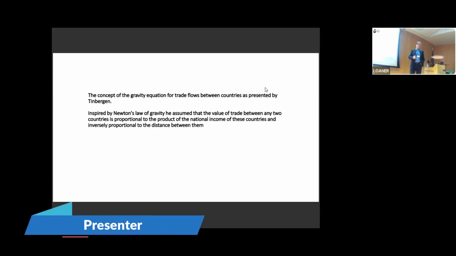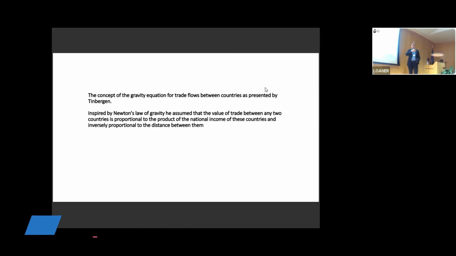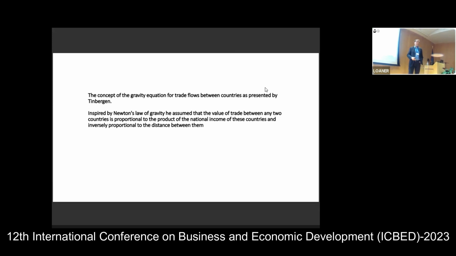I have examined all European countries and also the major trade partners of Russia and Ukraine, and I could conclude that according to the gravity model, size matters. When we talk about population or GDP, size matters: countries with higher population trade more, countries with higher GDP trade more. Also, distance plays an important role.